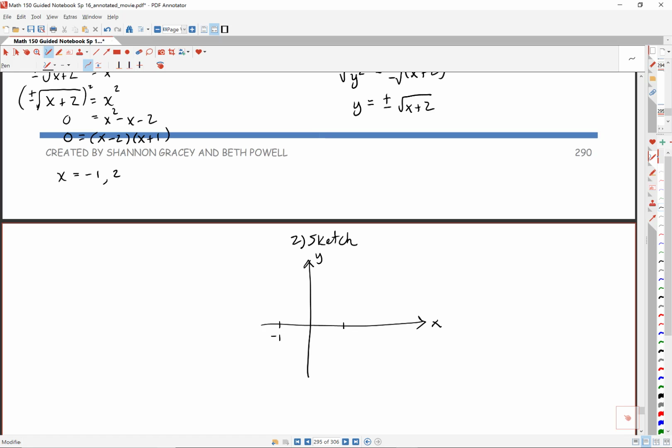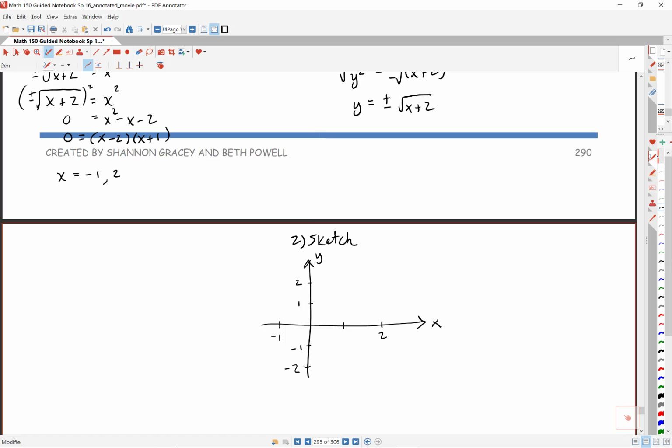And then we'll call this 1 and 2, negative 1, and negative 2.